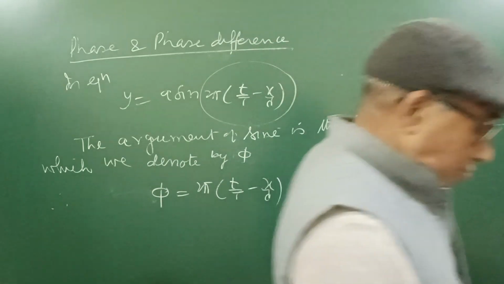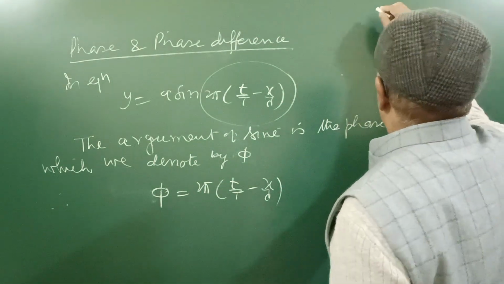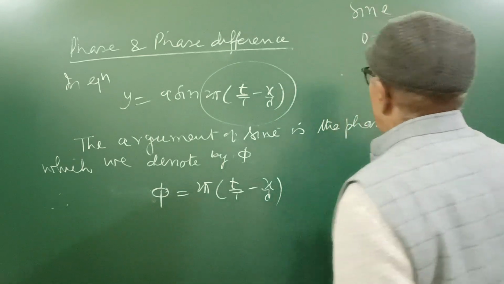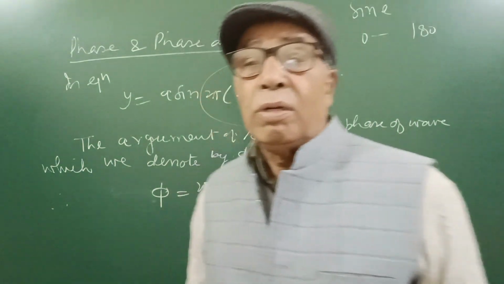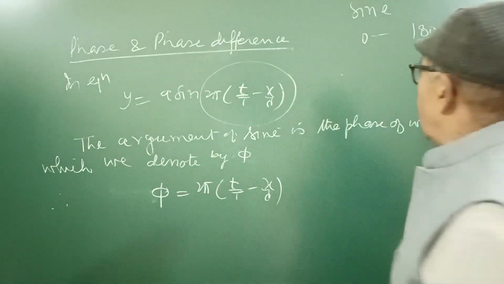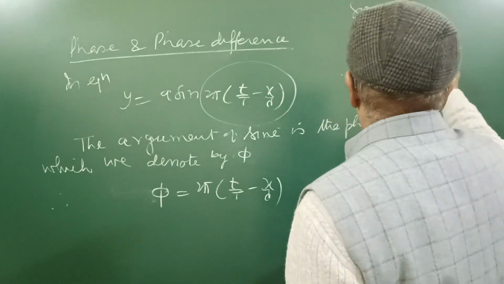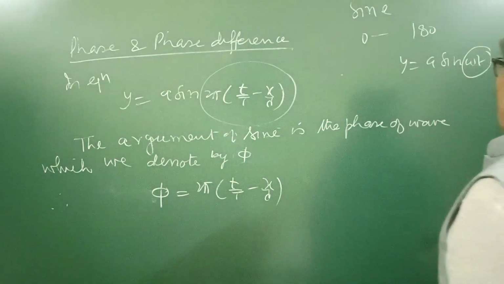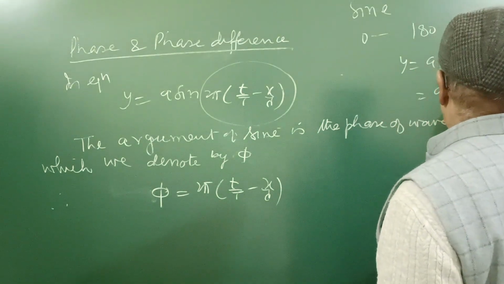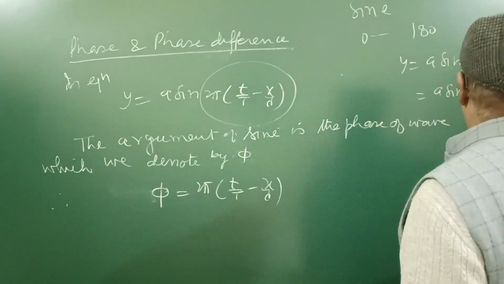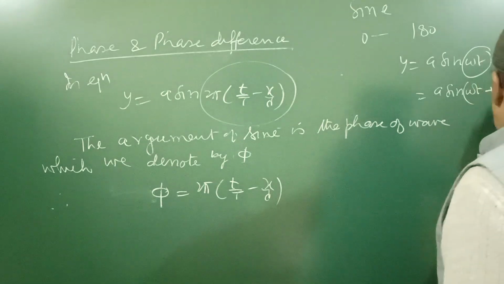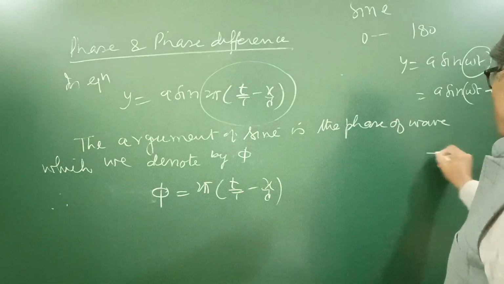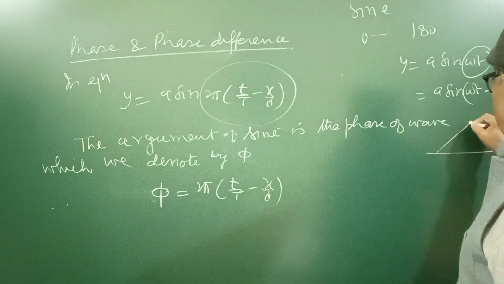Look at the direction. For sine, the value from 0 to 180 degrees is positive. Say y equal to a sine omega t is also the phase at x equal to 0. If I write a sine omega t plus 30 degree, or pi by 6 radian, at t equal to 0, then instead of the y direction, the displacement will be at 30 degree this way.